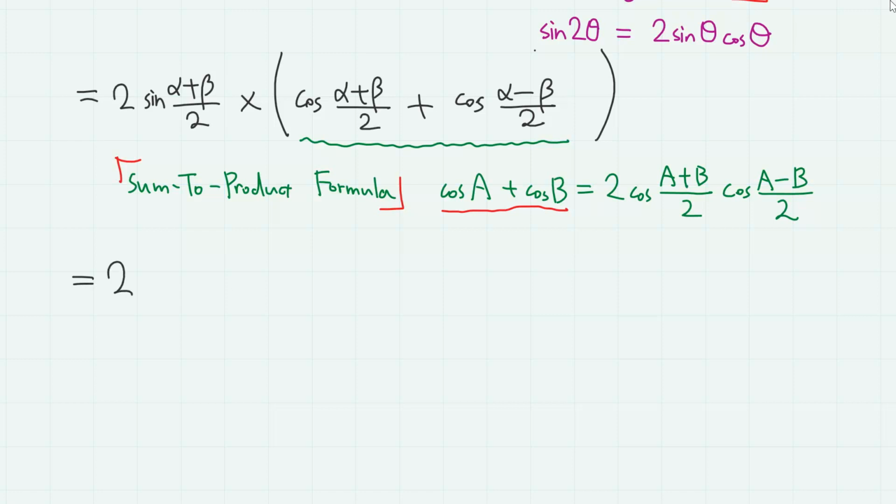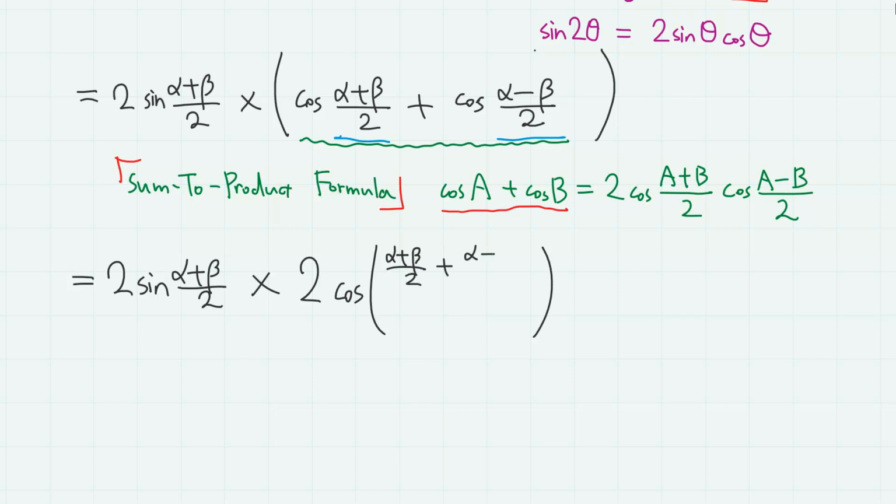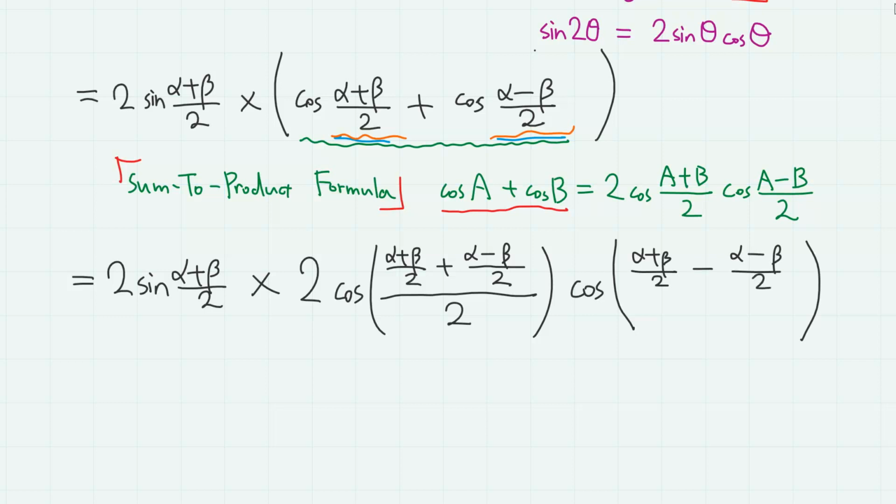So now we have 2 sine (alpha plus beta) over 2 times 2 times cosine, the sum of these two angles divided by 2, times cosine, now this minus this divided by 2.